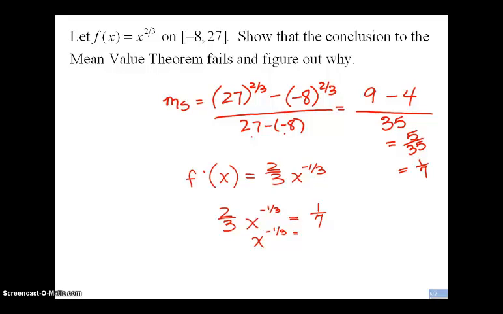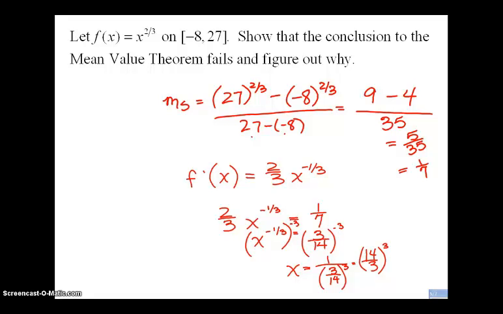So I'm going to multiply both sides by 3/2. Hopefully we're okay there. I need to raise this by a negative 3, which means I'm going to have to raise that by a negative 3. So x is going to have to equal 1 over 3/14 cubed, or 14/3 cubed. So we'd have to figure out what that is.